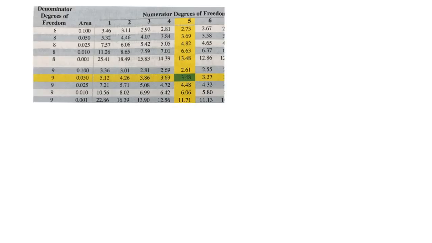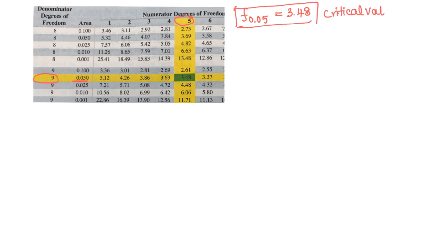So I find the critical value by looking at the column with degrees of freedom 5 and the row with degrees of freedom 9 with the area 0.05. So I got F of 0.05 equal 3.48. That is the critical value.